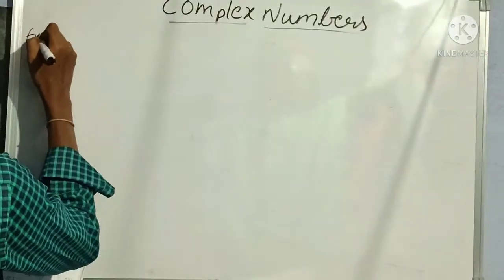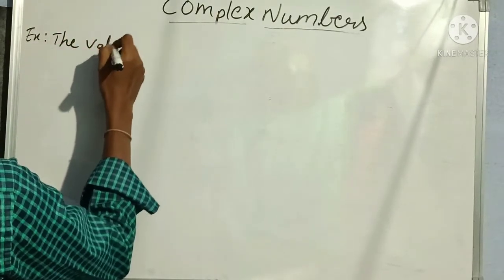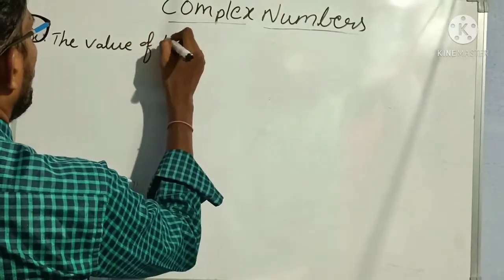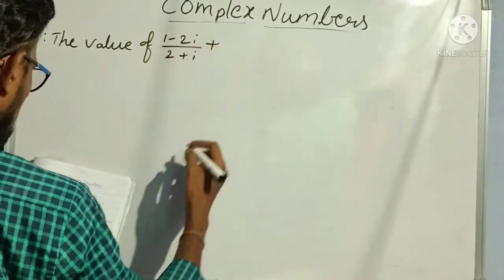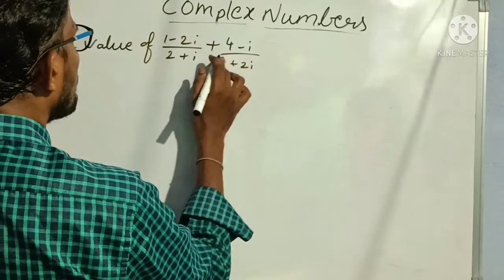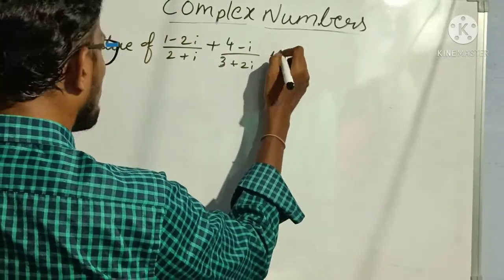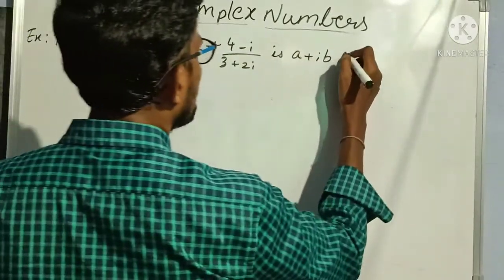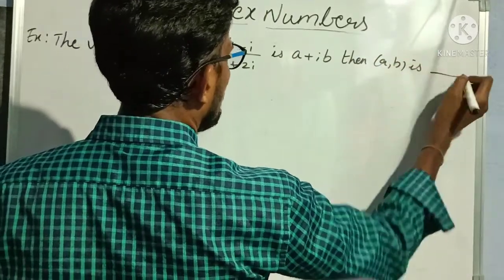The value of (1 minus 2i by 2 plus i) plus (4 minus i by 3 plus 2i) is a plus ib. Then a comma b is dash.